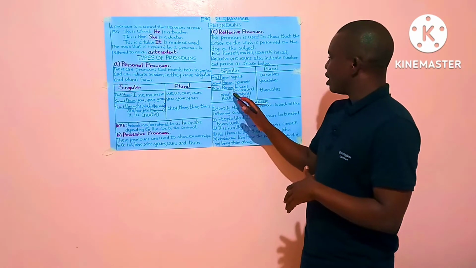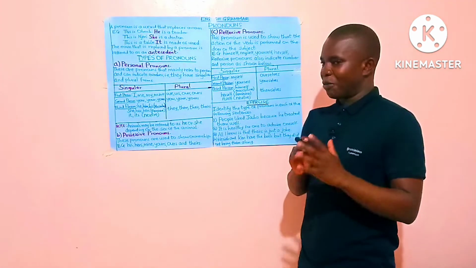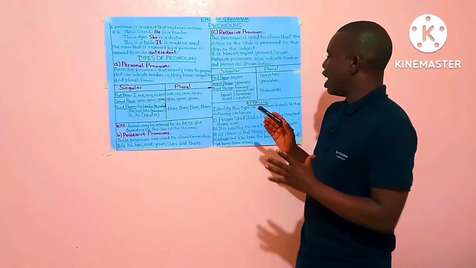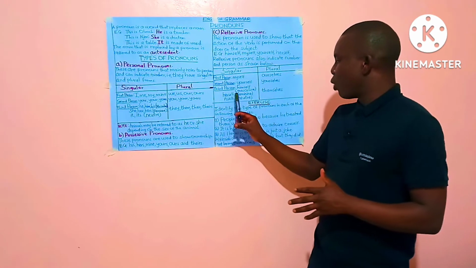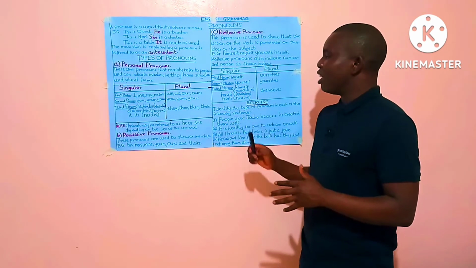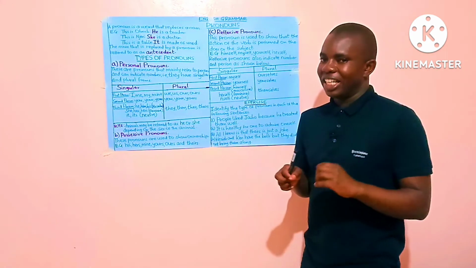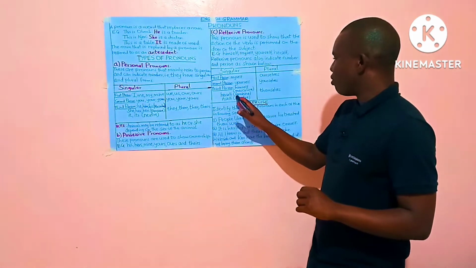Third person, the masculine reflexive pronoun is himself. The third person feminine singular reflexive pronoun, we have herself. Then the third person reflexive pronoun in its neutral form is itself.